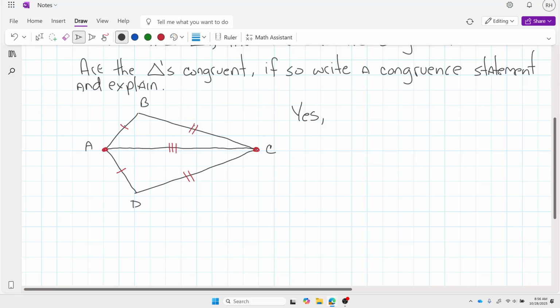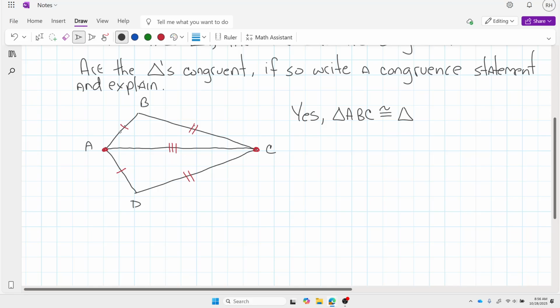If so, write a congruent statement. I'm going to describe the triangle on top. We can use any order of the vertices. Okay, so I'm just going to call it ABC. Yes, triangle ABC is congruent to triangle.